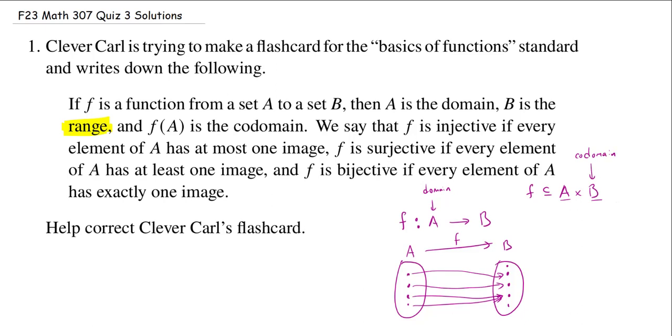Now how is that different from the range? Well, this gets back to the definition of a function. Not only is it a subset of the Cartesian product, but it satisfies a certain condition: for all a in A, there exists a unique, and this is very important, a unique b in B such that the pair (a, b) is an element of f.